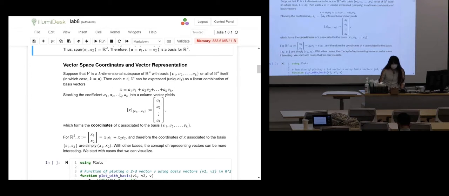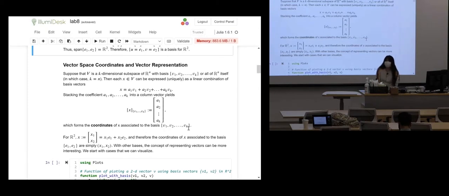Then we can say X equals A1 times V1 plus, and so on, until Ak times Vk. Those V1 to Vk are the basis. We can stack the coefficients, A1 to Ak. Then this vector is what we call the coordinates of X associated with that basis.